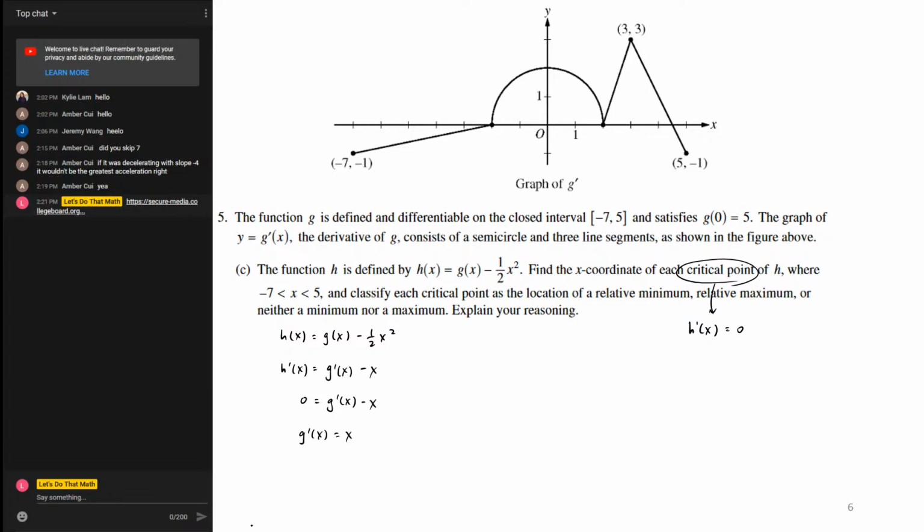So when does the first derivative equal x? That's going to be in two different places, right? That's when I intersect this line.